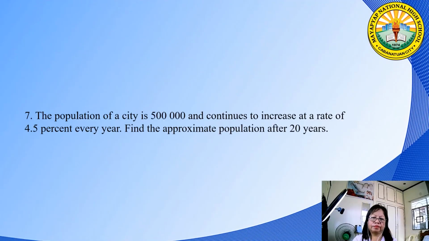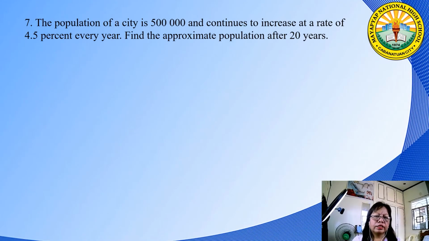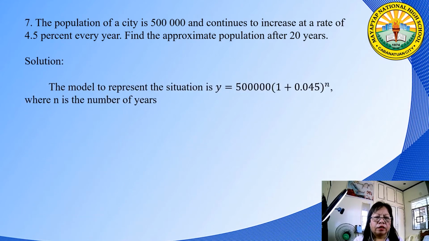Number 7. The population of a city is 500,000 and continues to increase at a rate of 4.5% every year. Find the approximate population after 20 years. The model to represent the situation is y equals 500,000 multiplied by quantity 1 plus 0.045 raised to n.